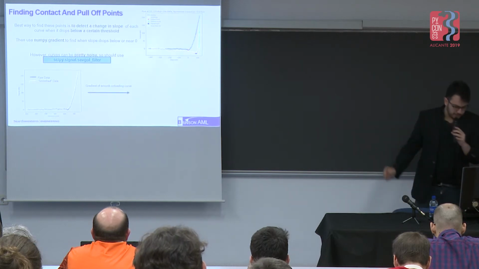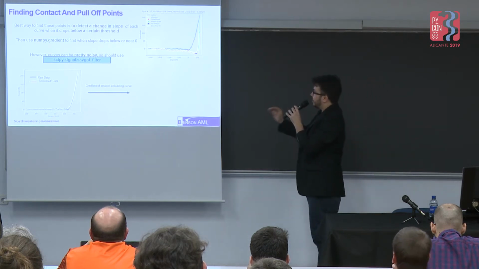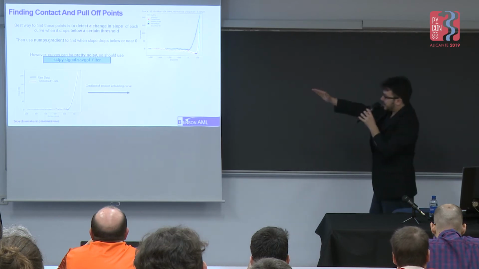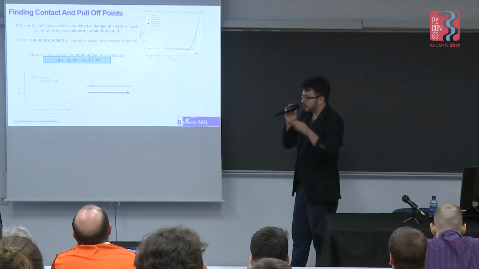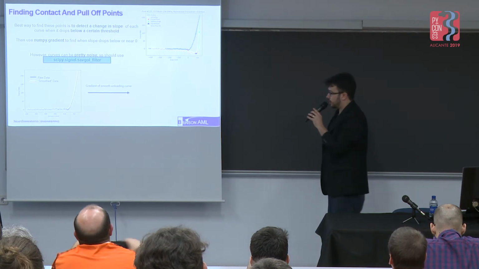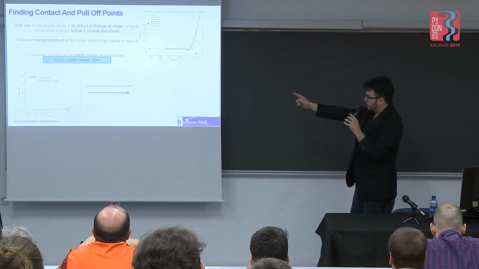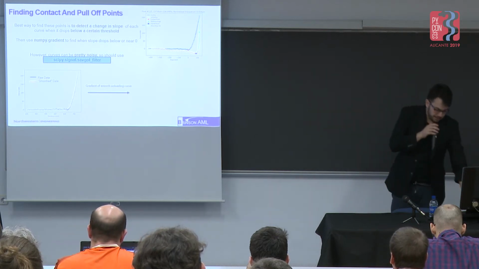So like I said, one of the most pivotal things we need to find is this initial point of contact of the force curve here. The best way to do that is to detect when you see a change in slope. But if you just go ahead and use the gradient function, you usually get a very noisy response when there's a lot of data in the curve. So the best way to do that is to filter your data to get a much smoother curve, and then apply the gradient function.